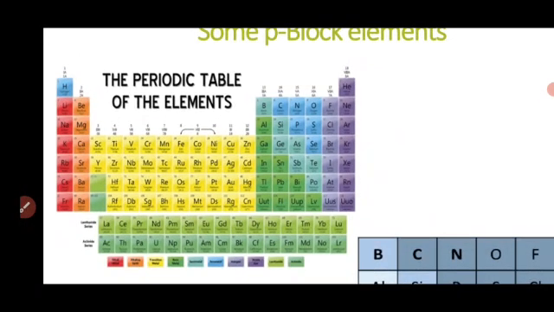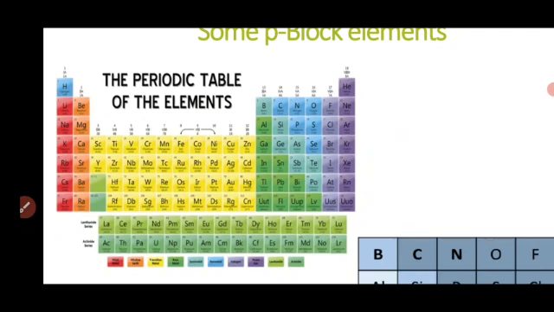Then the middle part, that is the bridge between s block and p block, is called d block elements, that is transition metals. And one more part is at the bottom of the periodic table. We call it f block elements, which includes lanthanides and actinides.